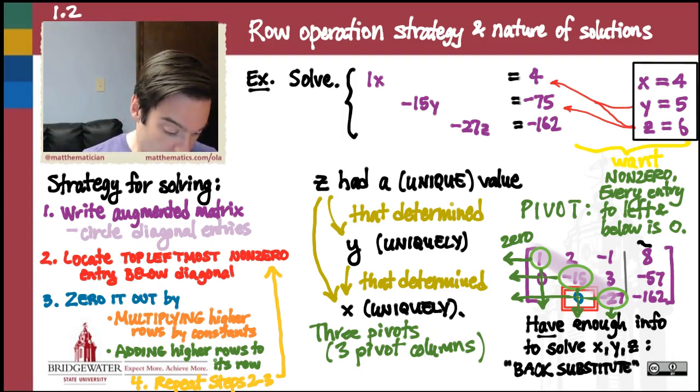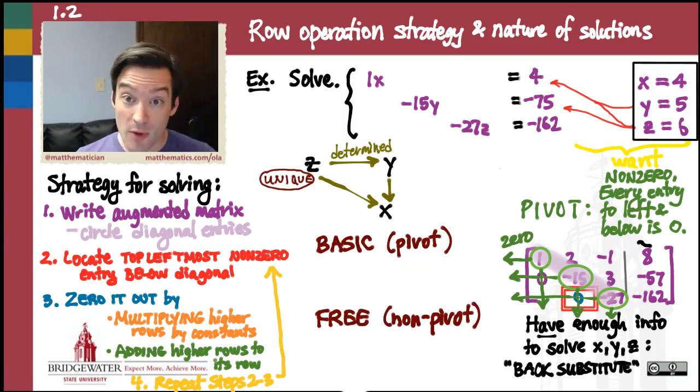So if we want to summarize this a little bit, what makes a variable a basic variable, those variables that have pivots in their corresponding columns of the row echelon form of our augmented matrix, is that its value depends on something else. Its value cannot be chosen arbitrarily by the random forces of the universe, but is bound to the values of some other thing.